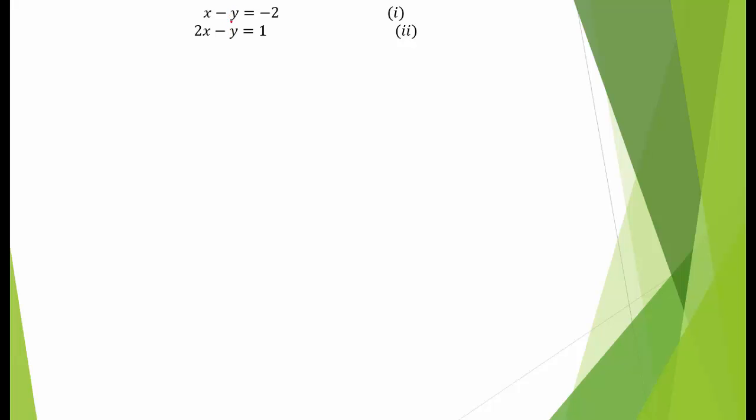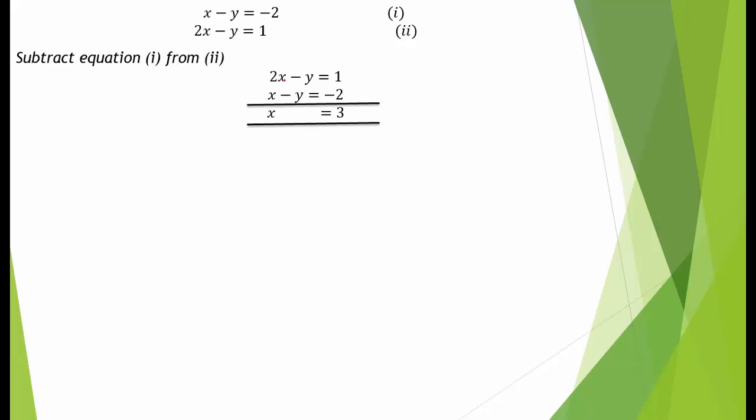Now if we add, this will become minus 2y, so we will subtract equation 1 from 2. Here the symbols will get changed, minus will become plus and again minus will become plus. Now 2x minus x, and minus y plus y cancel out, and 1 plus 2 equals 3.